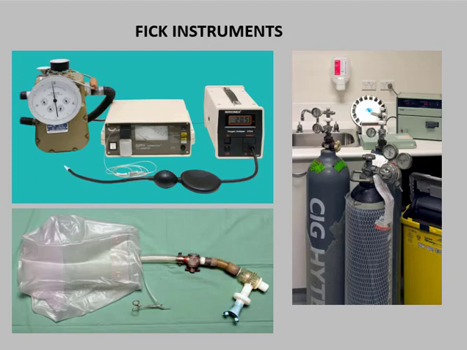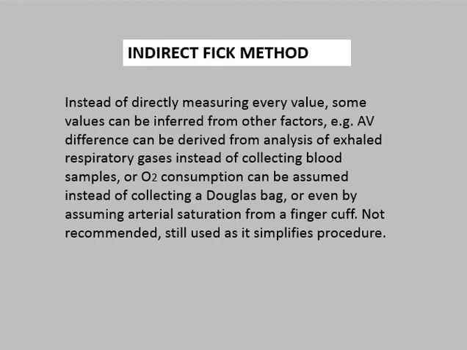Not every lab chose to have these facilities, and not every lab had the skilled personnel to perform the FICK calculations. To compensate for this, some operators chose to use the indirect FICK method. This means that instead of directly measuring every single value, some values can be inferred from other factors.